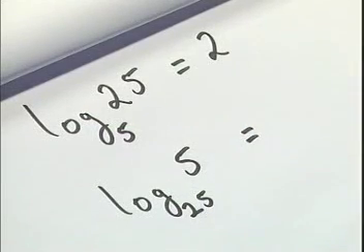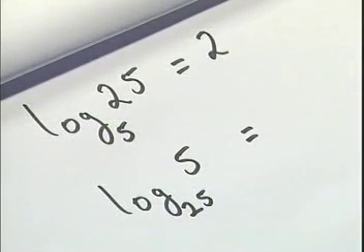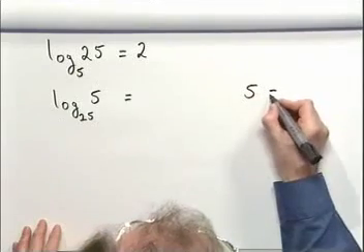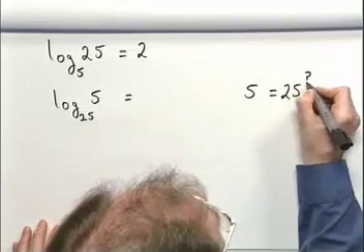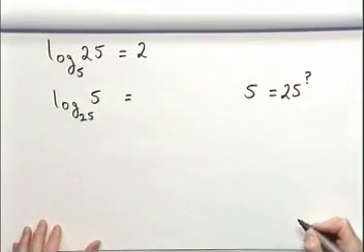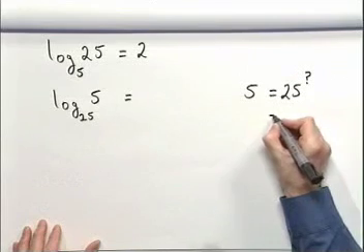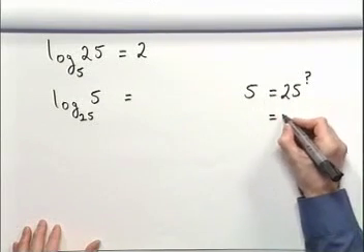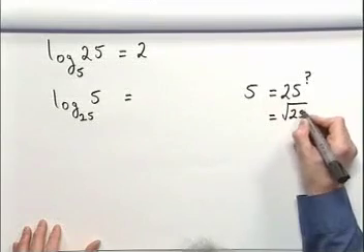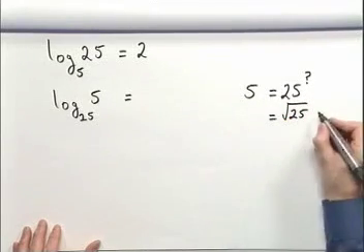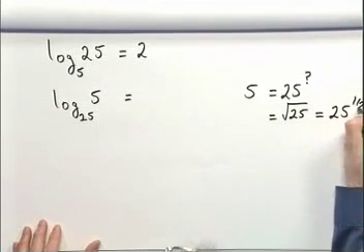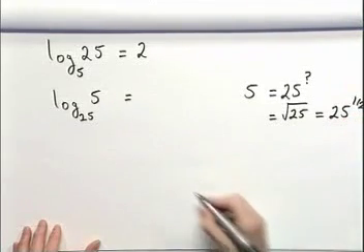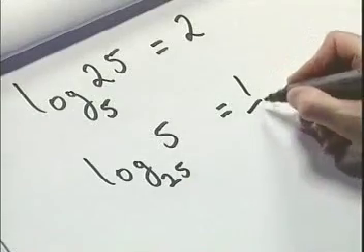Now that's the same as asking, if I have 5, how can I write it as a power of 25? What's that index there? Well, one of the things I do know is that the square root of 25 is 5. And I can write a square root as a power a half. So what that tells me is that the log of 5 to base 25 is a half.